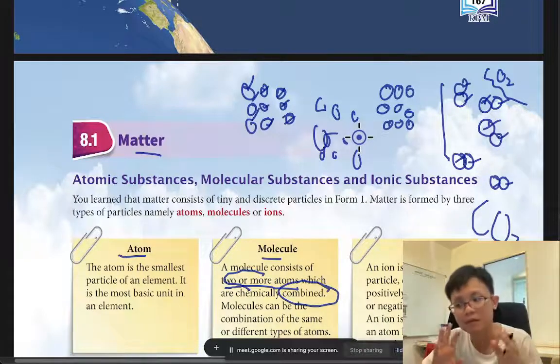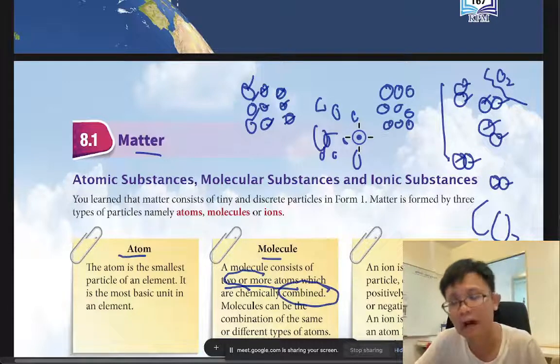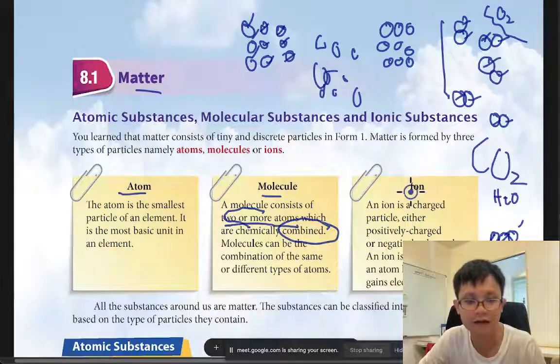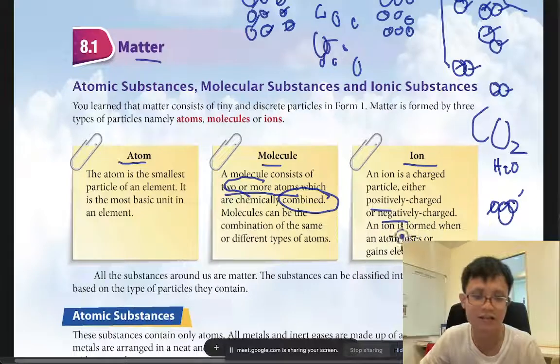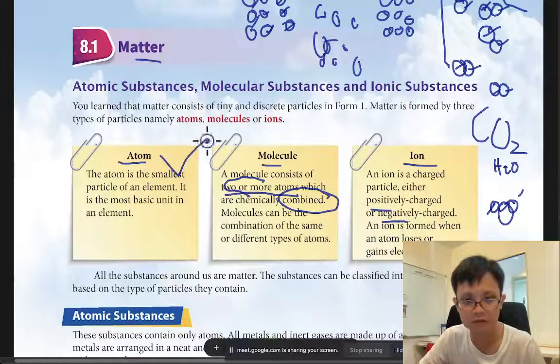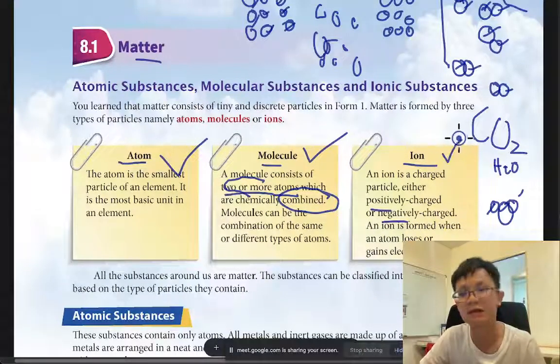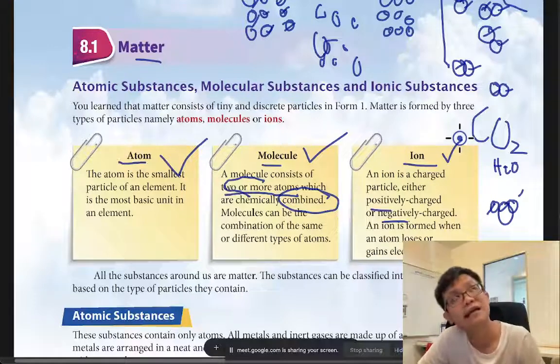So it's the same, also different, depending on how you want to use it. Ion is positively charged or negatively charged. Those you just remember like this, okay?